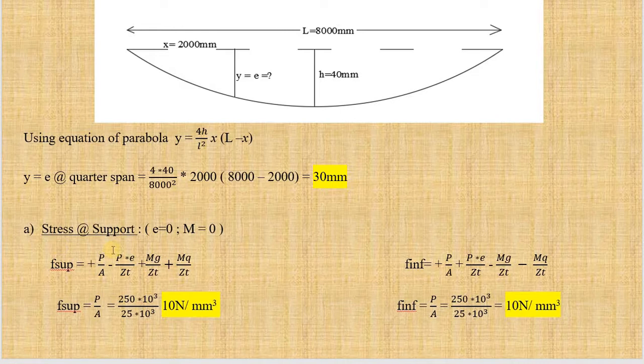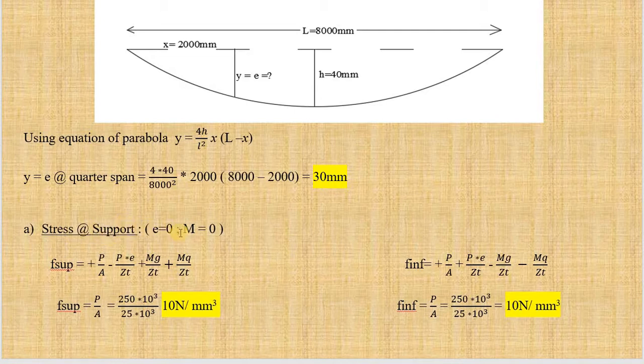So, the next calculation: when we have found the eccentricity values, the next thing to find out is the stress. So, the first point is stress at support. We have chosen 3 locations: one at the support, one at the quarter span, one at the midspan. According to that, we will find out the stresses. So, first one is stress at support.